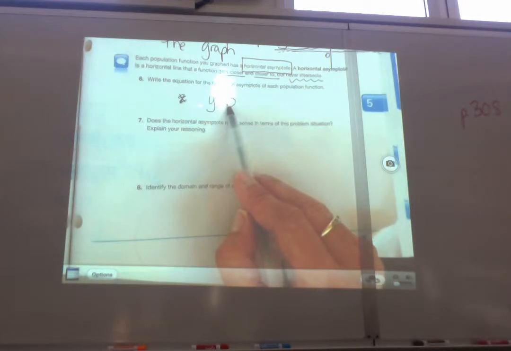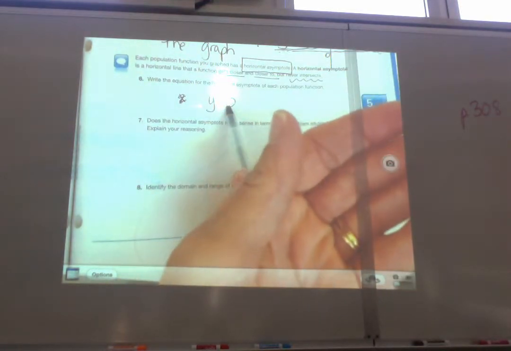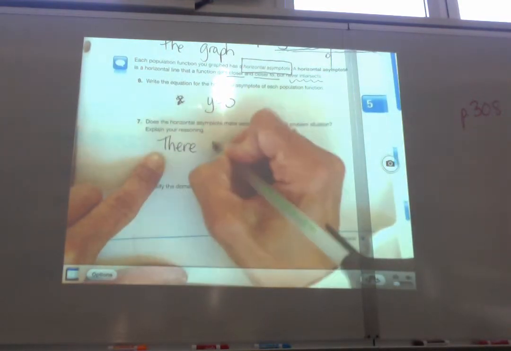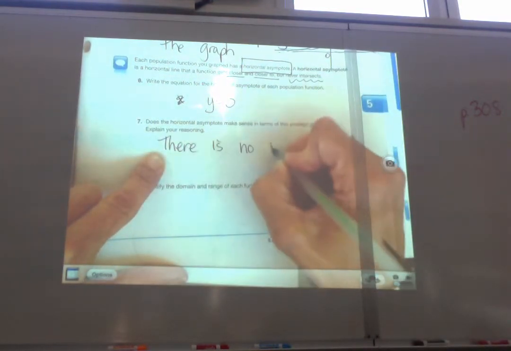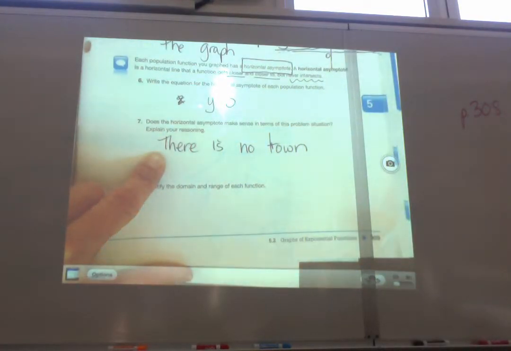There is no time. Okay, maybe that would mean, how can you have an equation for a town before there was a town? Maybe it means there is no town. Okay, so if we're thinking about uptown who's going up, that means in terms of this function, it only describes after the town started.